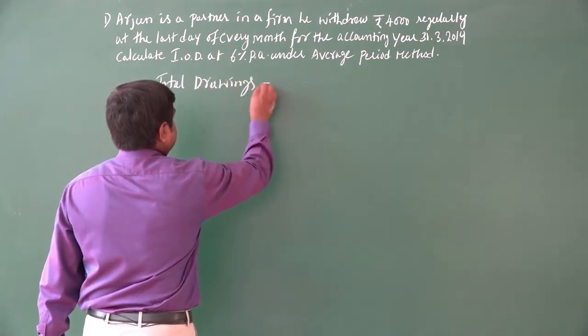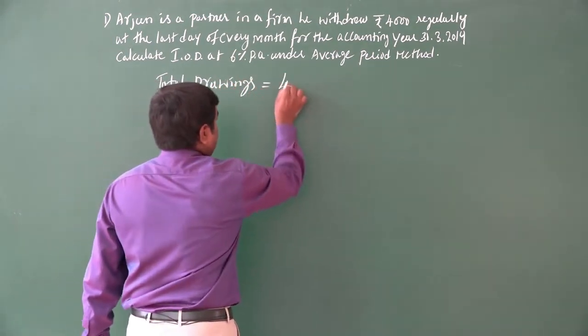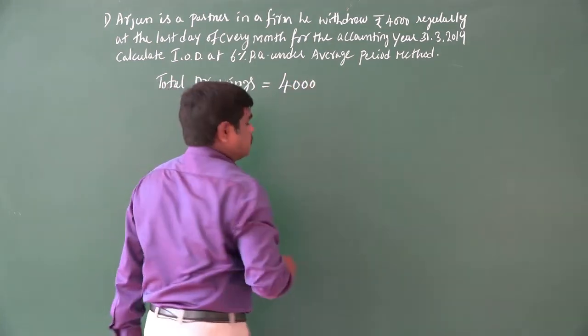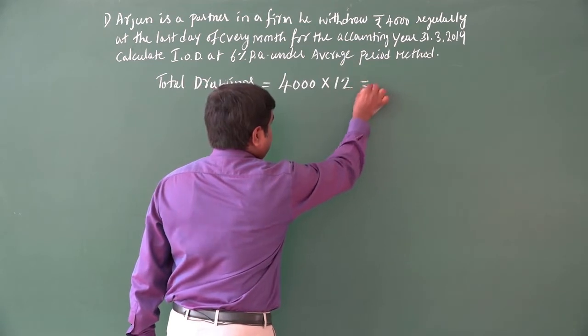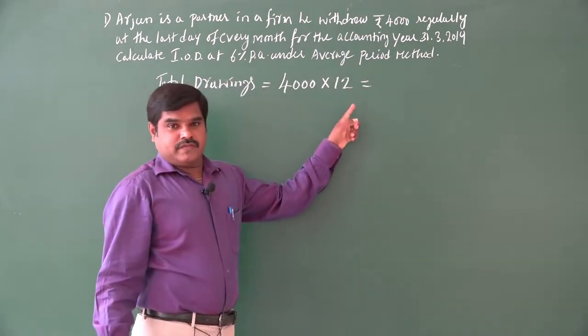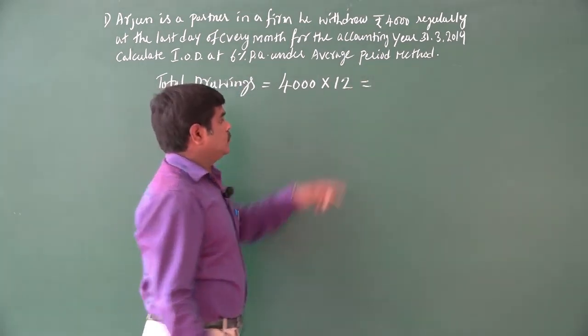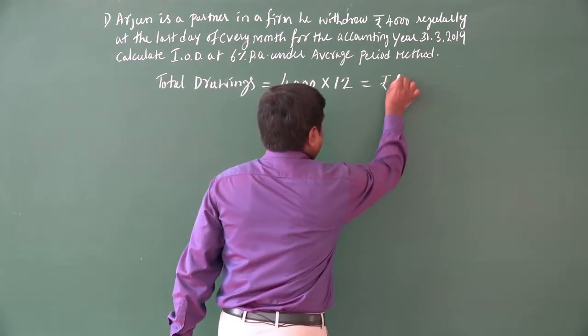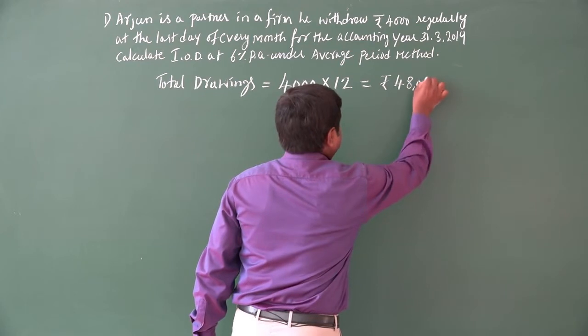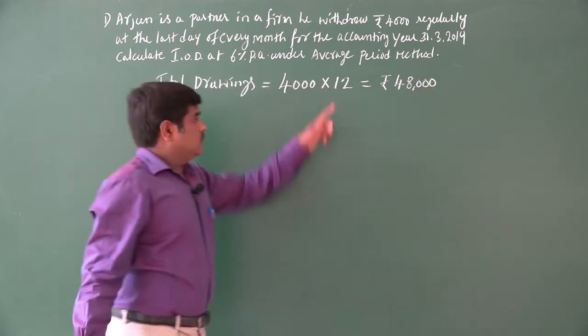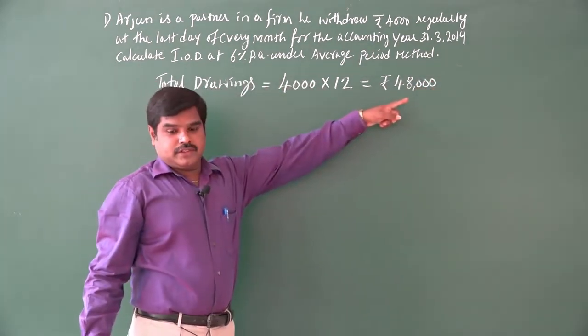Total drawings is equal to the amount every month, 4,000 rupees, drawn into 12 months in one financial year. So 4,000 into 12, 48,000.